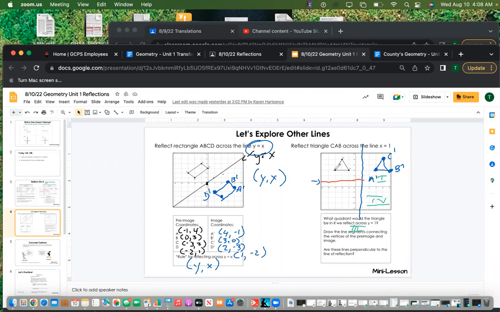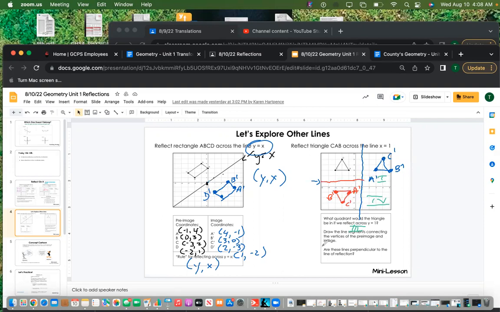This is where a lot of people make a mistake. You want to go equidistant on the opposite side. So this is 2 units away from the line, and you're going to go 2 units down on the other side. Right here, 2 units away, you go 2 units down. Right here, you're 1, 2, 3, 4. 1, 2, 3, 4.